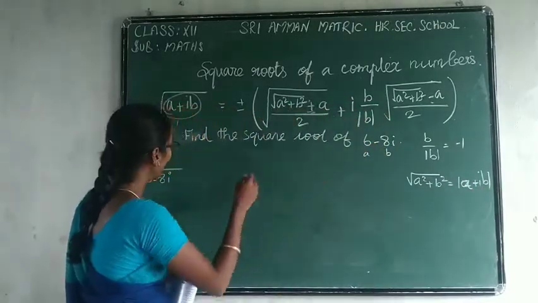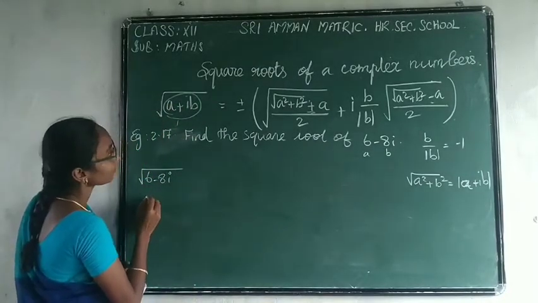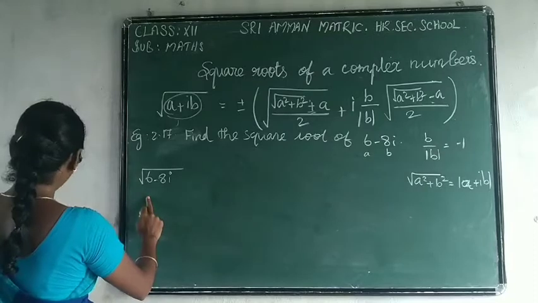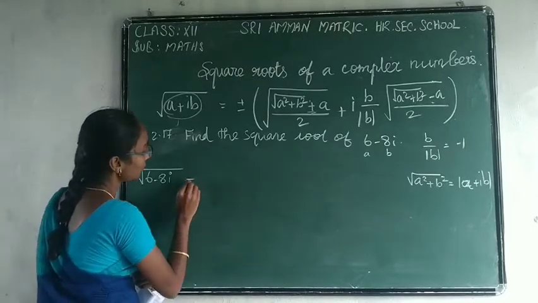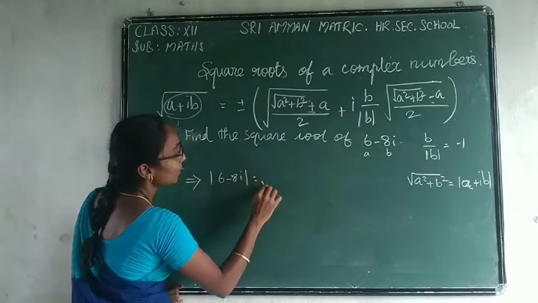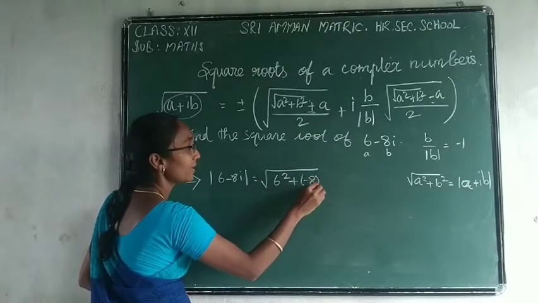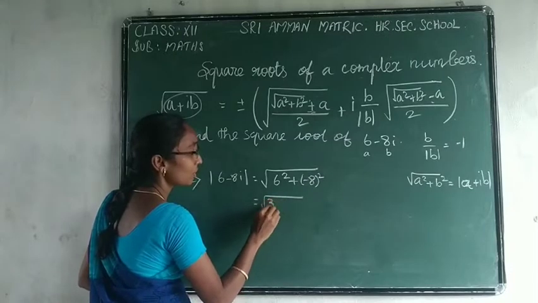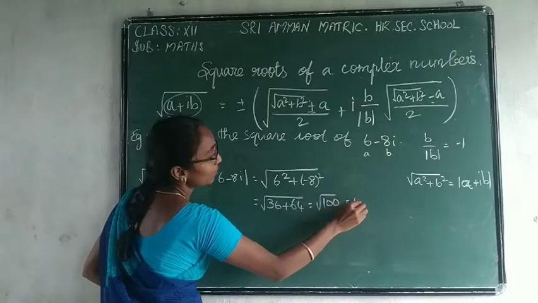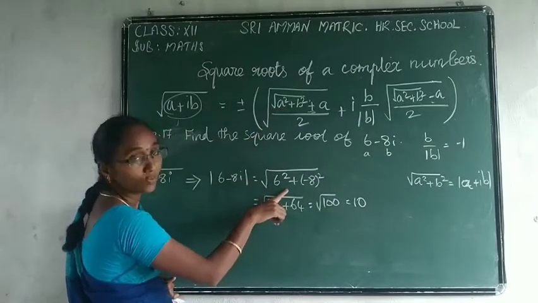So first of all we need to find the modulus of 6 minus 8i. That is root of the real part squared, 6 squared, plus minus 8 the whole squared. So root of 36 plus 64, you get root 100 equal to 10.